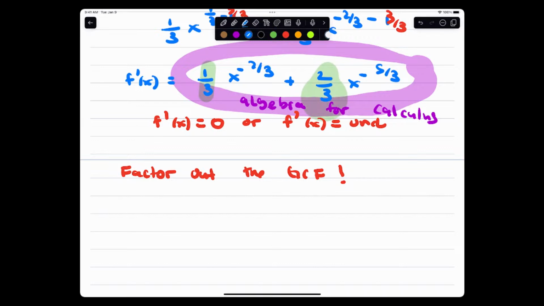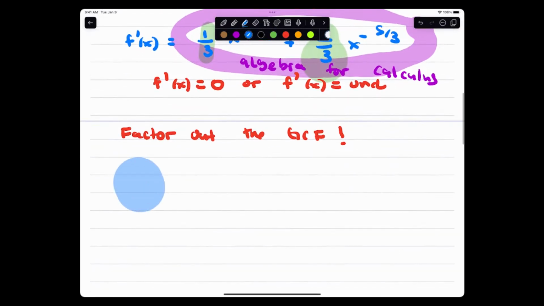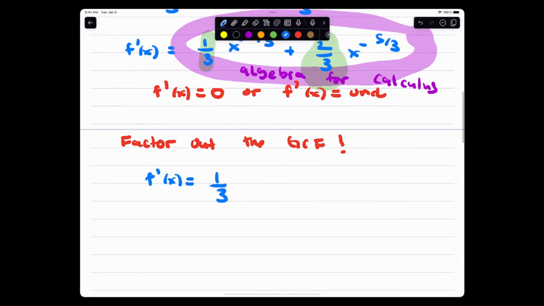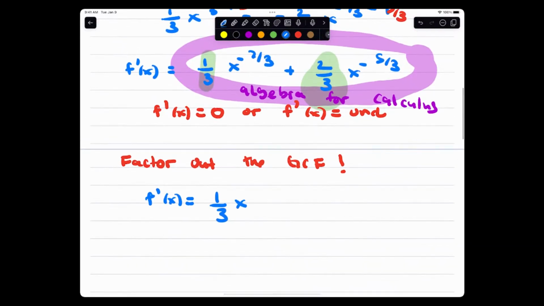What do you guys think you can factor out here? Yeah, you factor out the 1/3. Now, you always factor out the x with the smallest power. So you're going to have to know what power is smaller. Does anybody know what power is smaller?